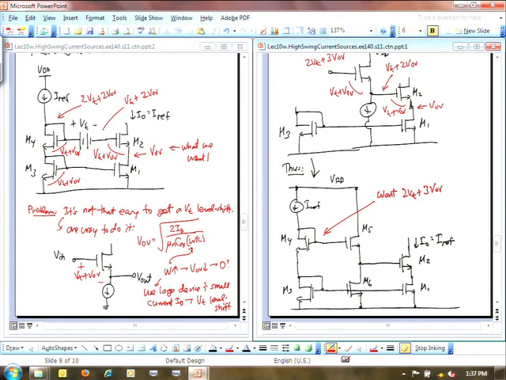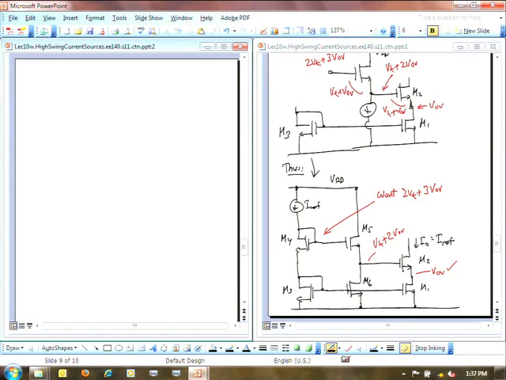Because if I have that, then this becomes VT plus 2 VOV, and then this becomes VOV, which is what I ultimately want. So how do I get this 2 VT plus 3 VOV around that device M4? That becomes our big question. How would you do it?